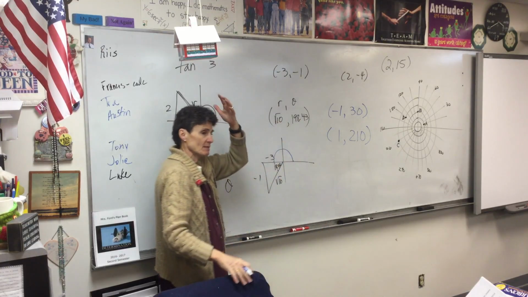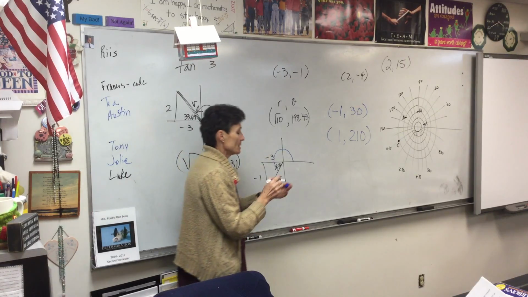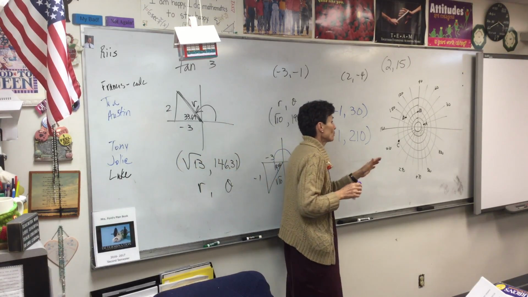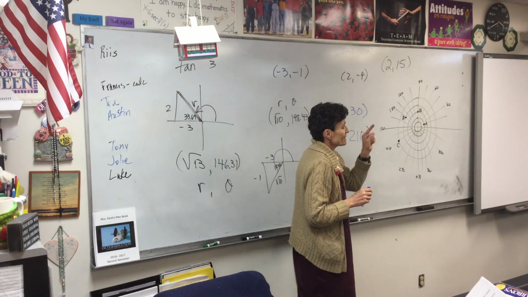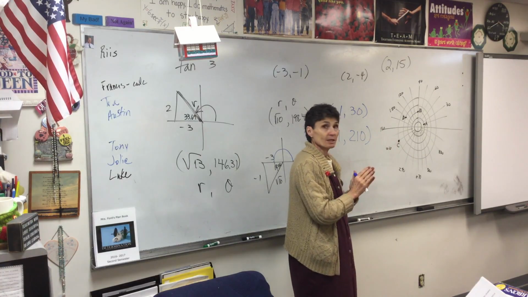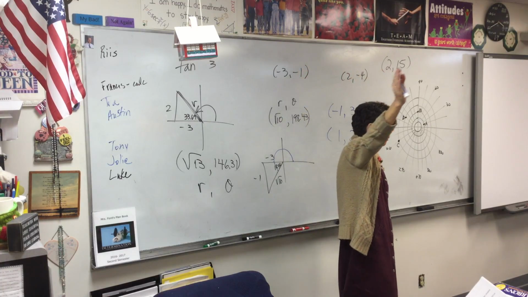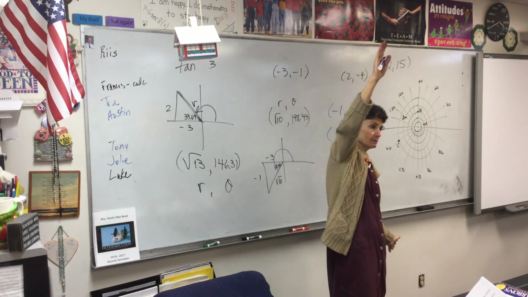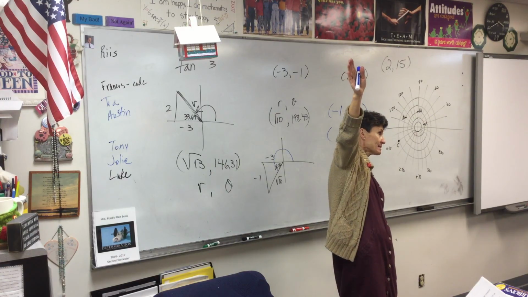Now, wait a minute, Mrs. Ford, what are you doing? Let me explain it. A negative radius means your point is actually plotted on the opposite side of the circle. When we talk about a circle, going from opposite side to opposite side is how many degrees? 180.